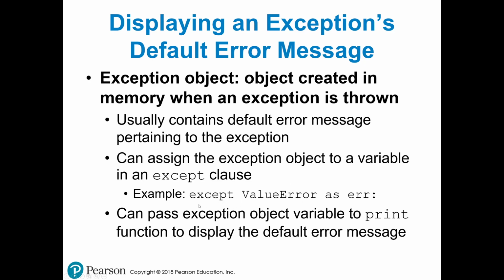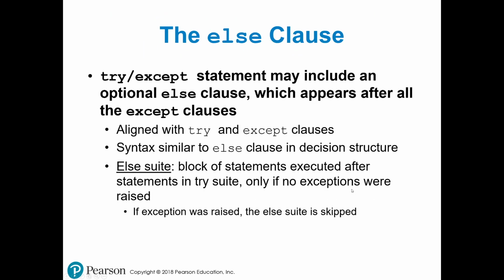Here's an example. We have except ValueError as error. This is the exception type, and this is the variable name that we're going to have. We can then print this error, and it'll print the error message that's part of the error. We can do other things with the error, but this will print the error message from the error. The syntax for that is except ValueError as, and then the variable name. This is the type of the exception we're going to catch, and this is the variable name that we're going to use for it.